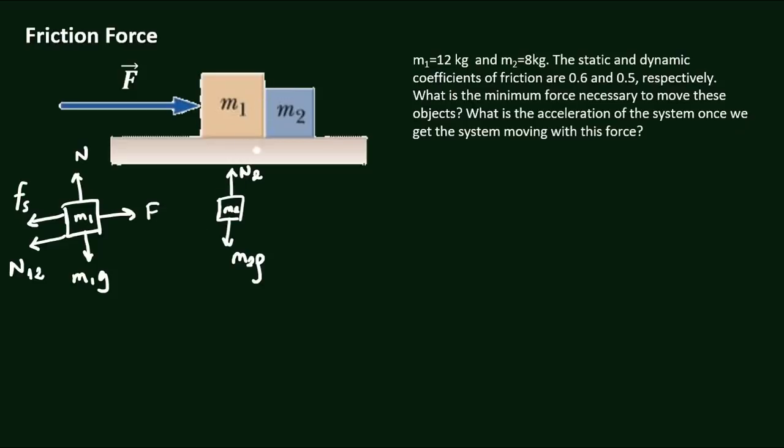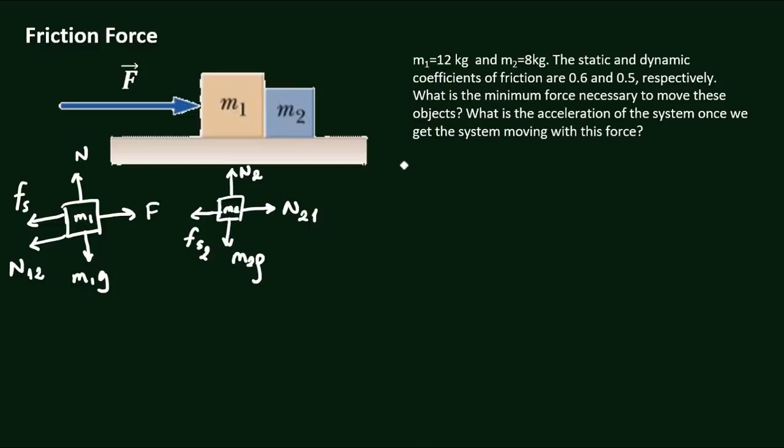It's the force between M1 and M2. It's this normal force acting on M2 by M1, so it's N21. And since M2 will be moving towards the right as well, there is a friction force acting on M2 that is towards the left, Fs2, let's call it.